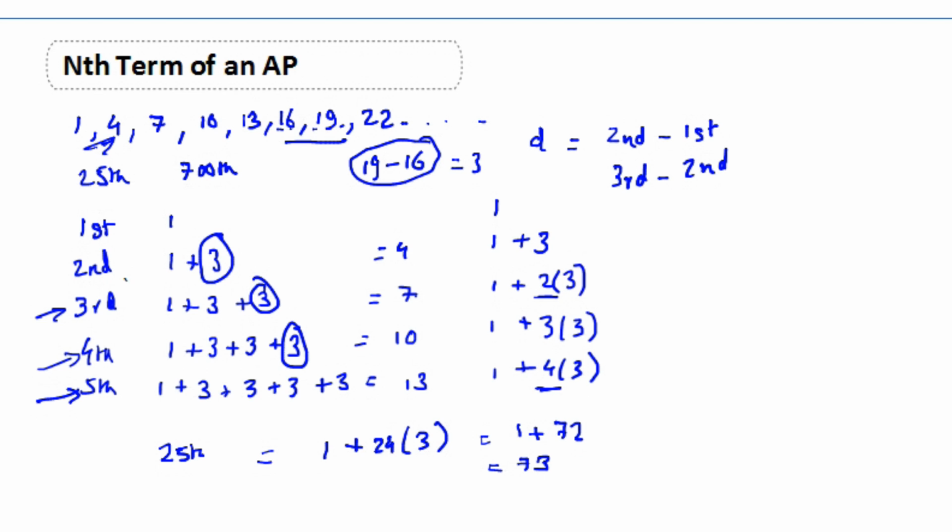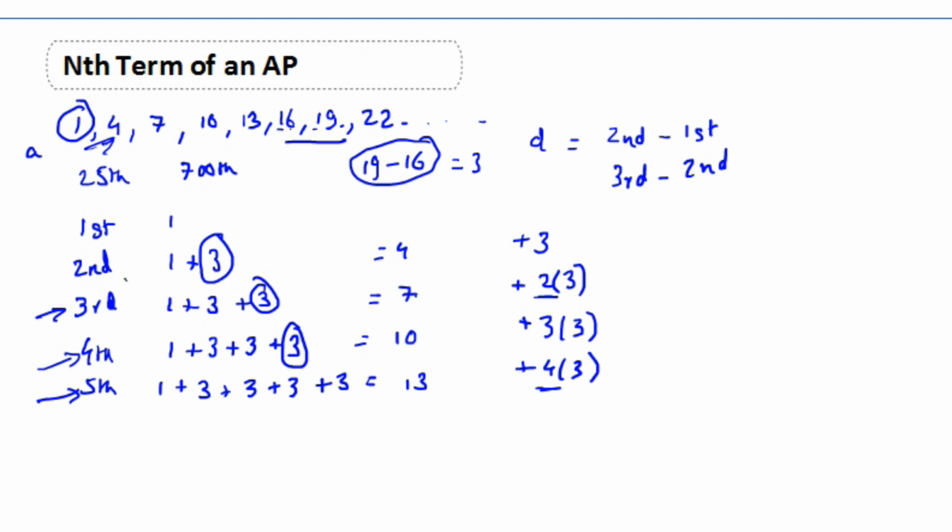Now looking at this sequence again, the one that we have done, instead of 3, what I'm going to do is, let me call the first term of the sequence, which is 1 in this case, A. So let me replace all the 1's by A. I don't need this, so I'll erase this as well.